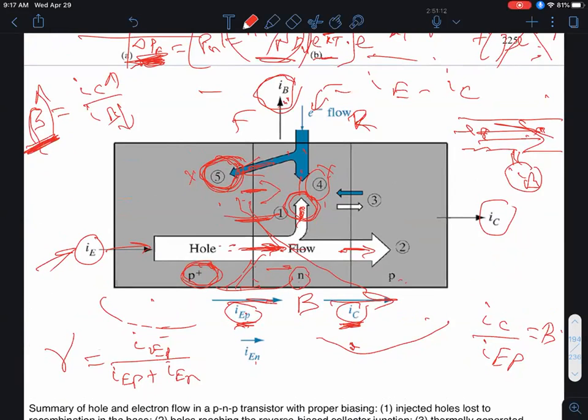But the second way we calculated it was to look at the total stored charge, which I'll call QB, in steady state. And then we saw that if the recombination lifetime was tau, these carriers are being lost at a rate QB over tau P, and then you have to replenish the carriers at the same rate.